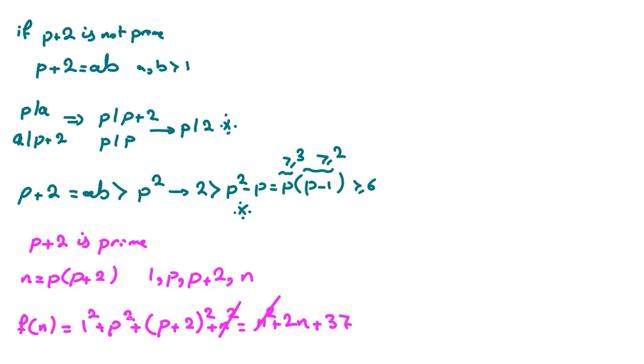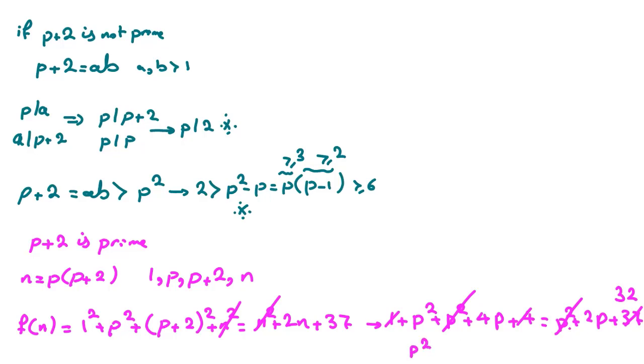N squared will be cancelled, and here it will be 1 plus p squared plus p squared plus 4p plus 4 equals 2 times n. N is what? P times p plus 2, which is p squared plus 2p, plus 37. So we can cancel p squared, and we can subtract 1, 4, 5 from 37, 32.